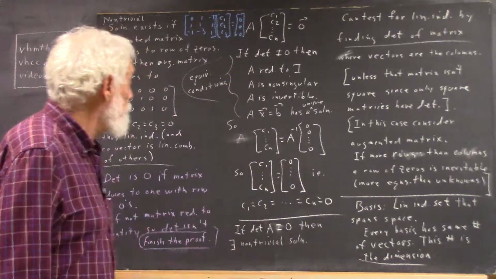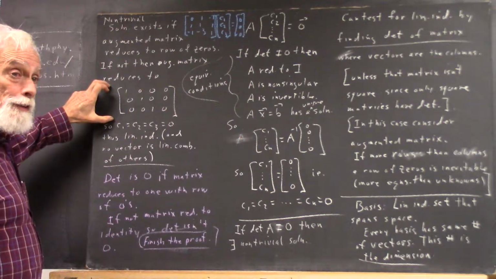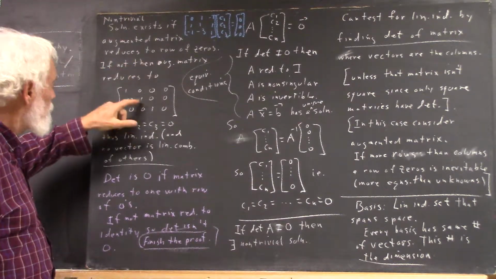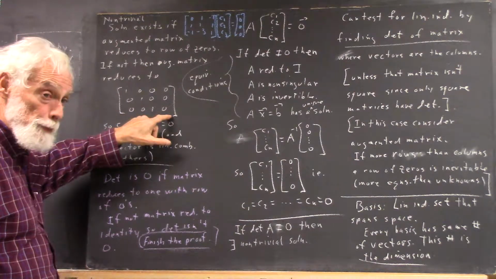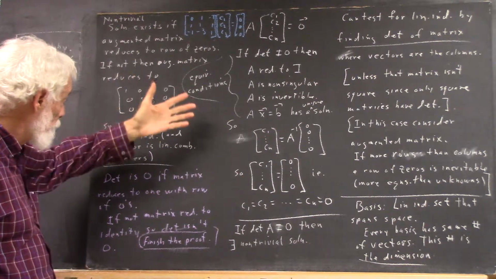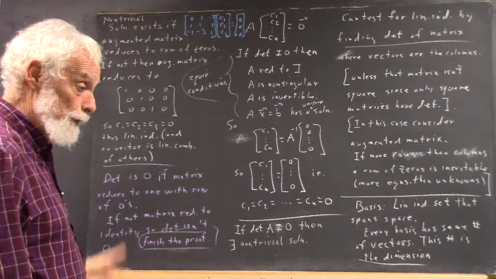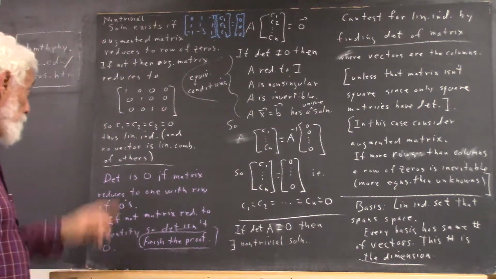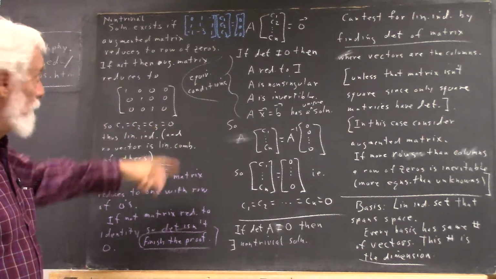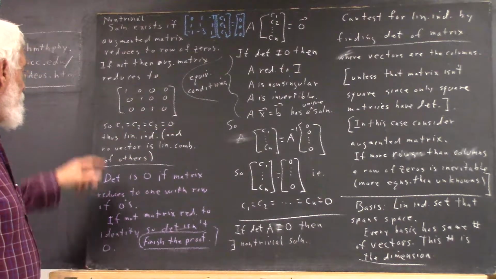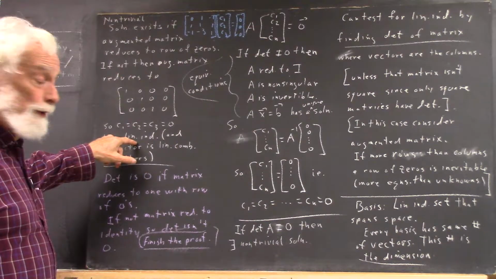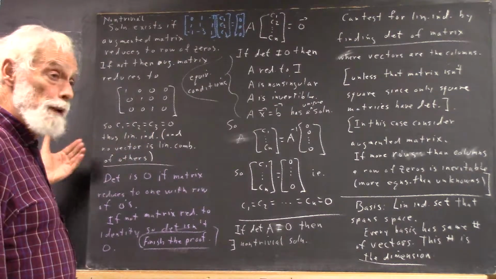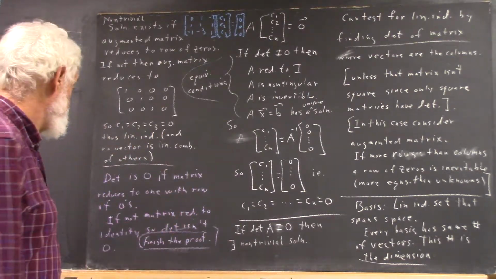So in that context, this stands for C1 equals 0, C2 equals 0, C3 equals 0. If you write out the corresponding equations, that's what it's going to tell you, so all three constants, C1, C2, and C3, have to be 0. Thus, you've satisfied the test for linear independence, and no vector can be a linear combination of any of the others.